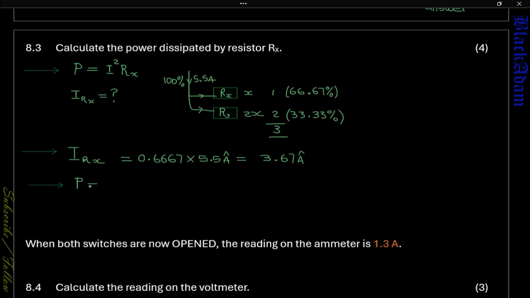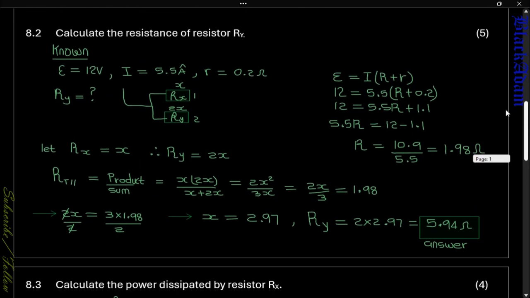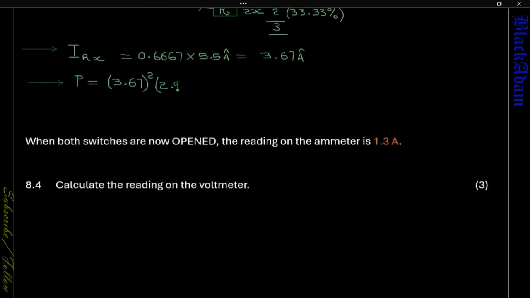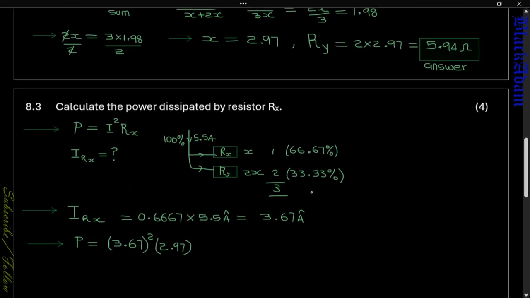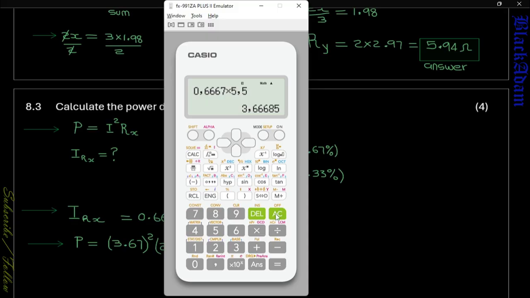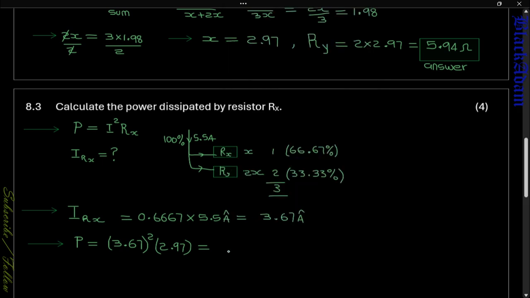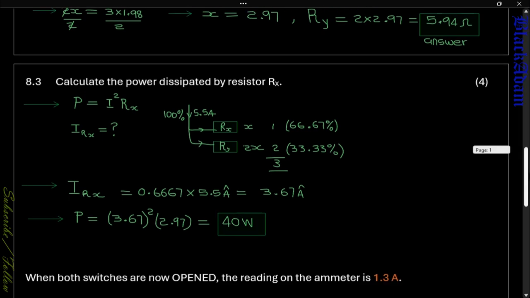From there, power is the current squared multiplied by the resistor. Remember, our resistance in X is 2.97. So 3.67 squared multiplied by 2.97, our power is 40 watts. That's the unit for power, watts.